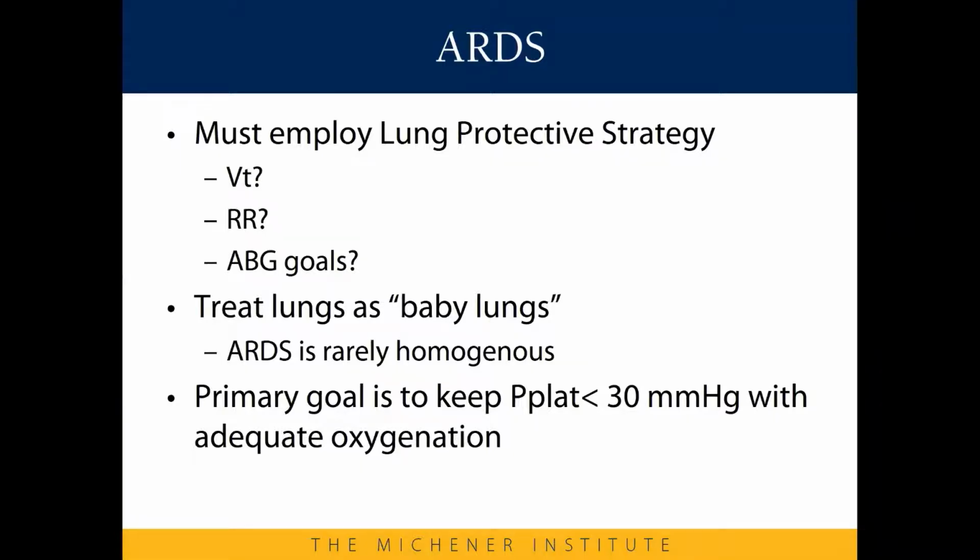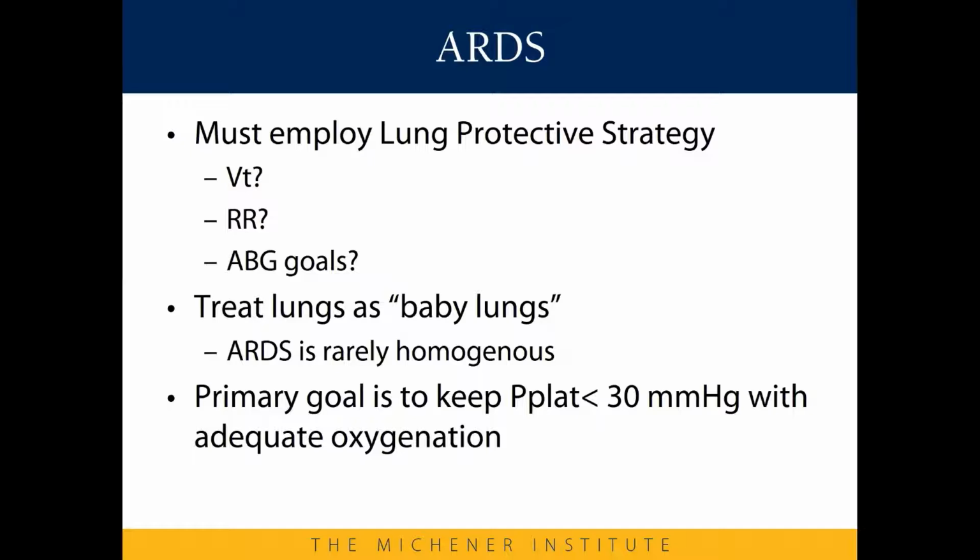So by using a lung protective strategy of the 4 to 6 mils per kilo, it's so that we can ventilate this baby lung without causing volume trauma. So 4 to 6 mils per kilo is specific to protective lung strategy.